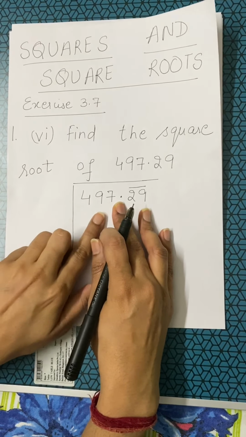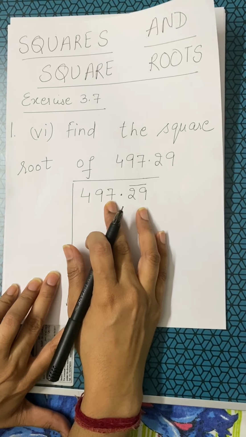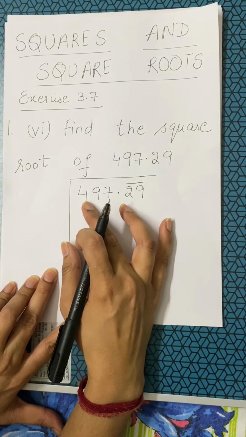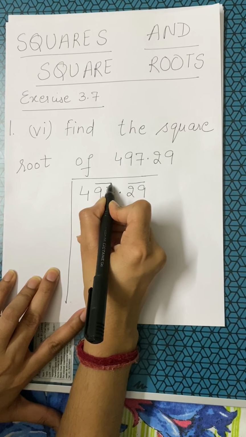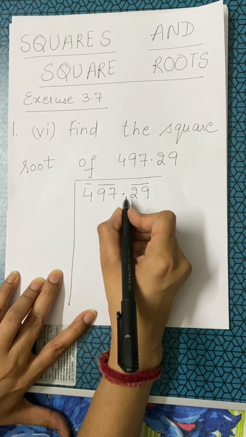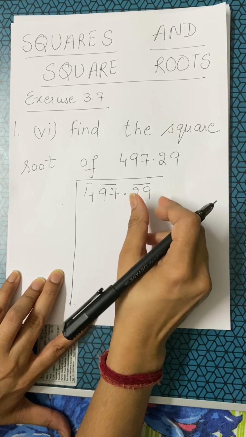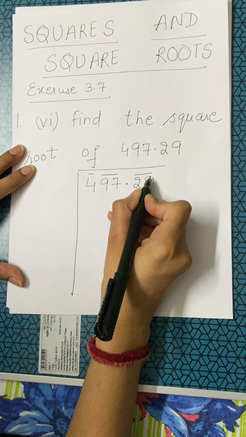This is true for the digits written before the decimal. That means in the case of 497, I will pair 97 first and then 4 will remain as it is. But after the decimal, the digits will be paired from the left-hand side. So this is how the pairing will be done.